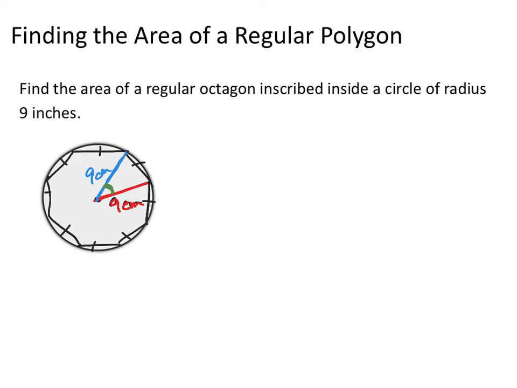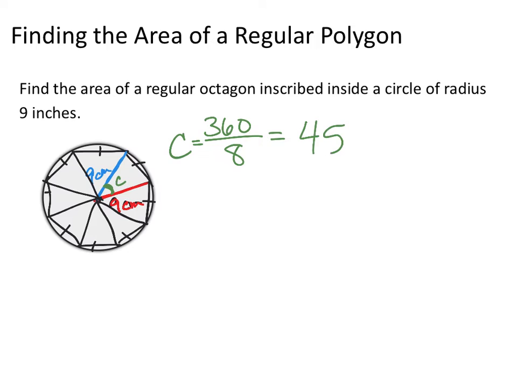A full circle is 360 degrees. So angle C here is going to be 360 degrees divided by 8 pieces, because if we make a bunch of pizza pie slices, there's 8 of them. So each little pizza pie slice is 45 degrees.